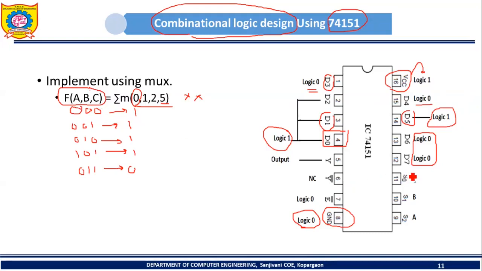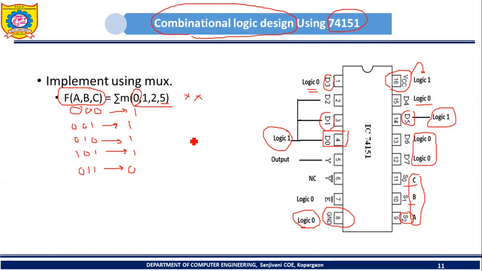As far as the selector lines are concerned, S0 is the LSB and S2 is the MSB. So S2 should be considered as A, S1 should be considered as B and S0 should be considered as C. Please don't get confused here. A is MSB, and in this multiplexer S2 should be considered as MSB. So S2 will act as A, S1 will act as B, and S0 will act as C.